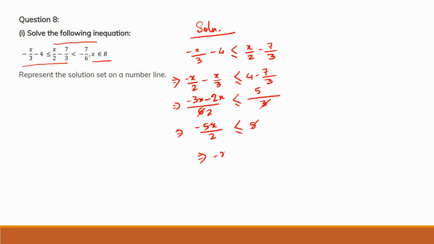So minus x is less than or equal to 2, or x is greater than or equal to minus 2. This is one inequation that you get.